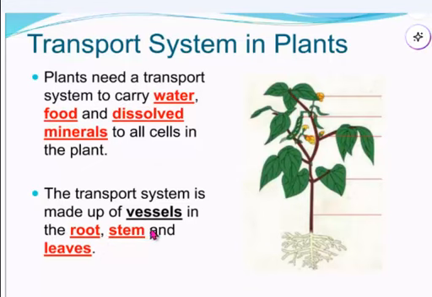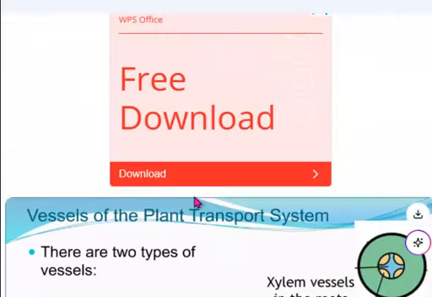These are the three main parts of the plant involved in the transport of the materials that need to be moved from one place to another: water, food, and dissolved minerals to all cells of the plant. Take note that there are three major parts involved: root, stem and the leaves.